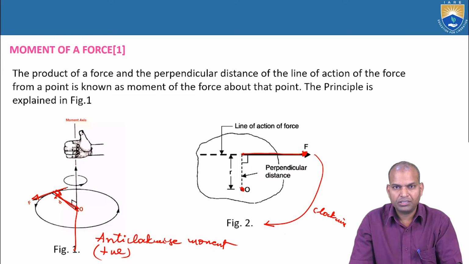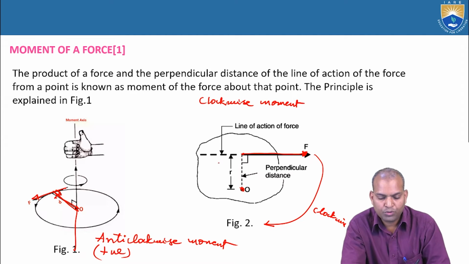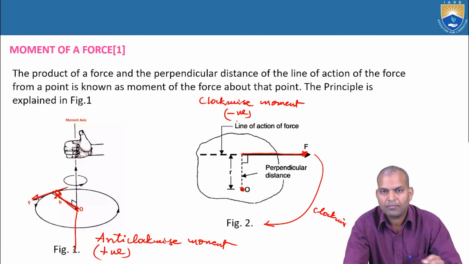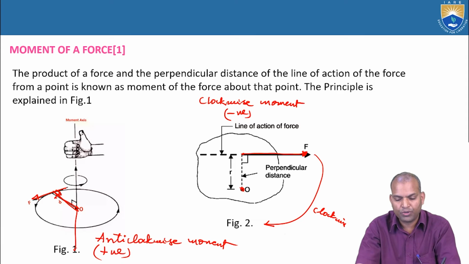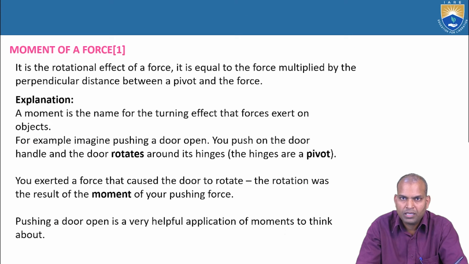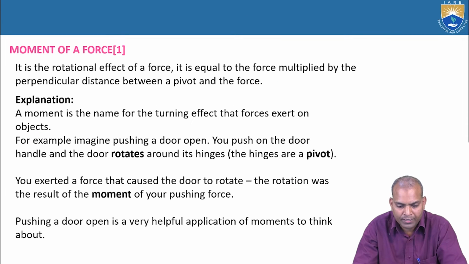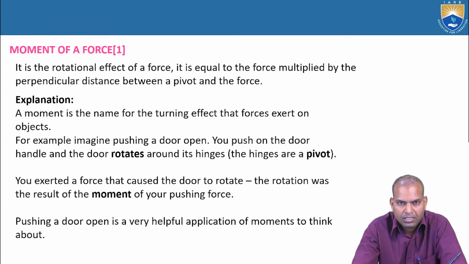So this moment is known as a clockwise moment, and clockwise moment is considered negative, then anti-clockwise is considered positive. So these are the two types of moments: clockwise moment and anti-clockwise moment.